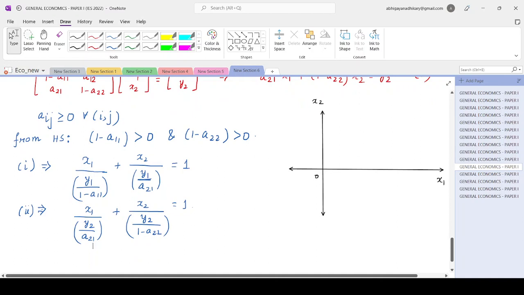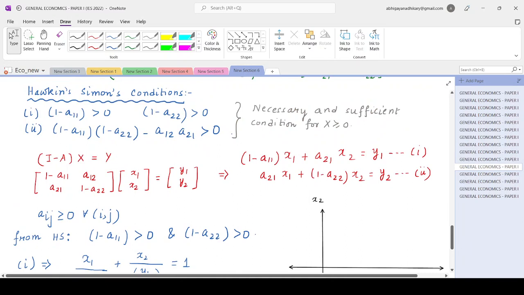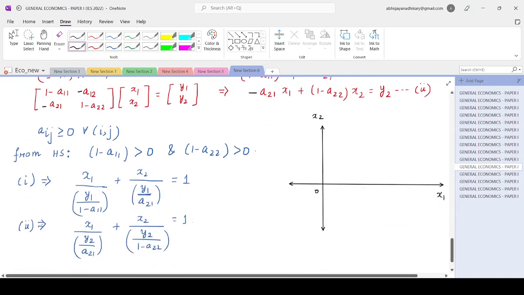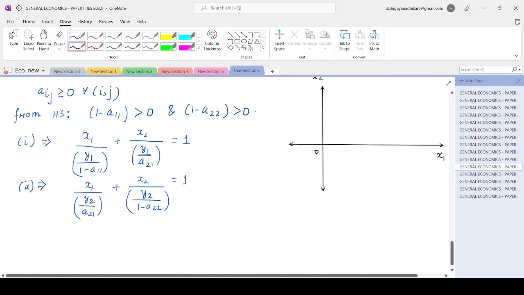Okay, so there has been one small mistake that I would like to rectify before moving forward. So the I minus A matrix will have a minus sign over here. That means these will become minus in front, and this will be minus.